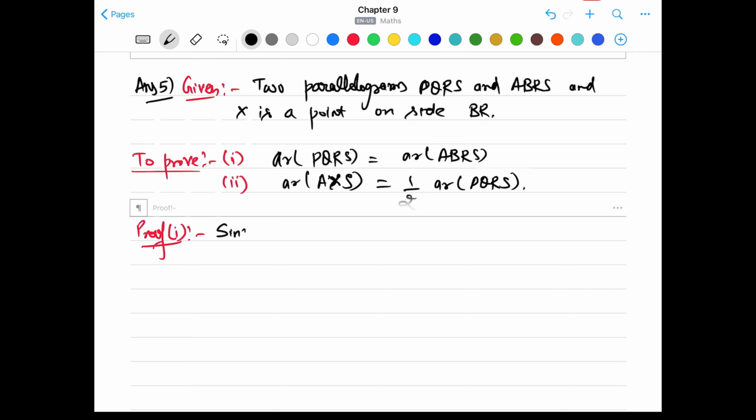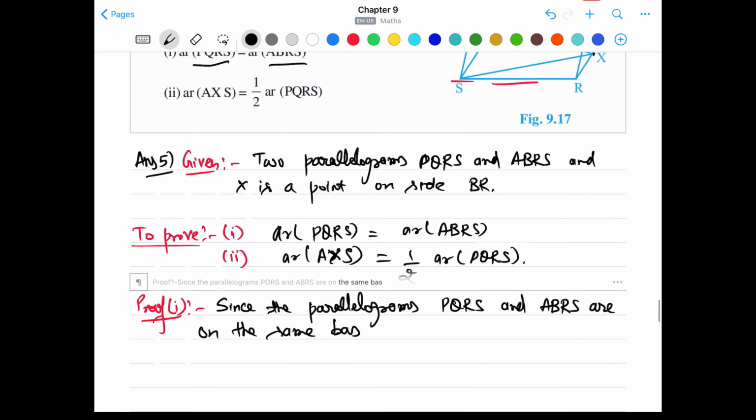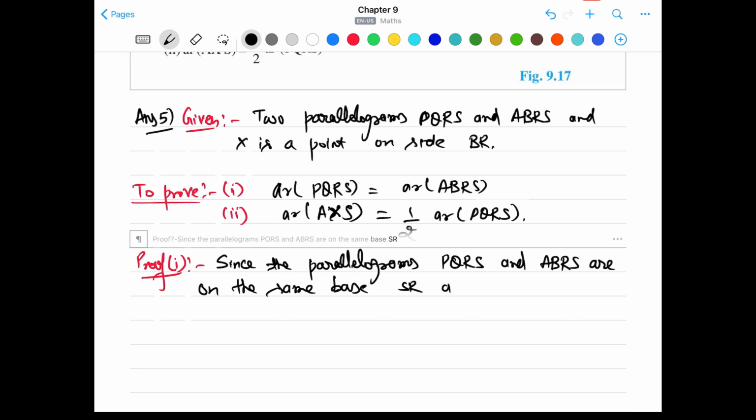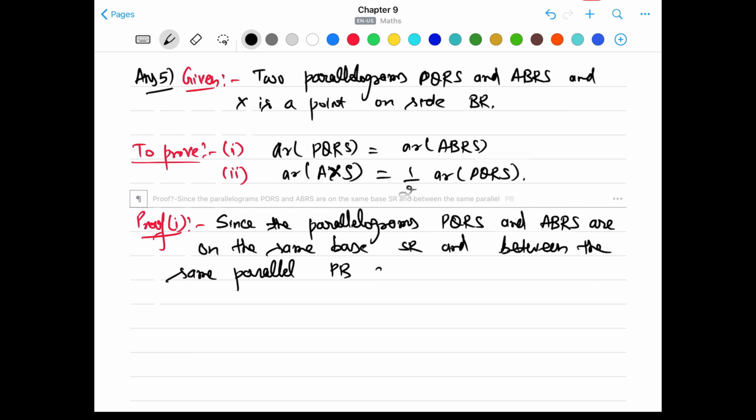So we'll directly write, since the parallelograms PQRS and ABRS are on the same base, the same base here is SR, and between the same parallel lines, here PB and SR.